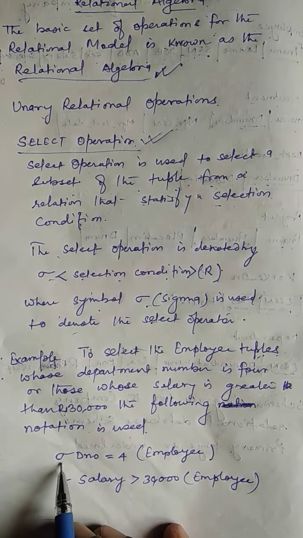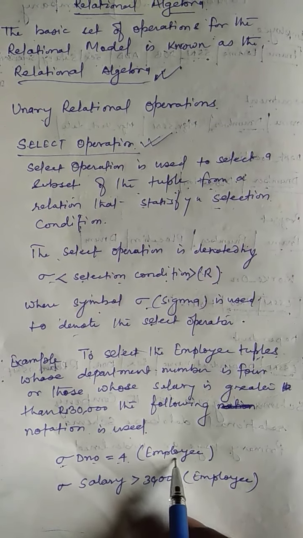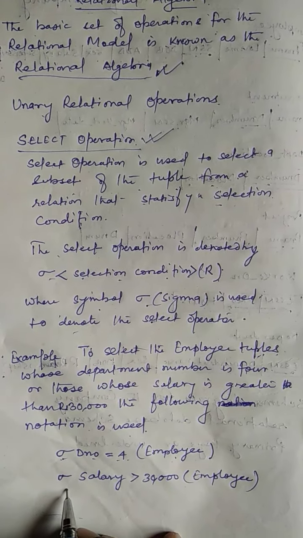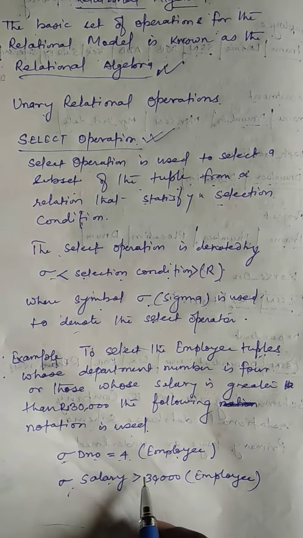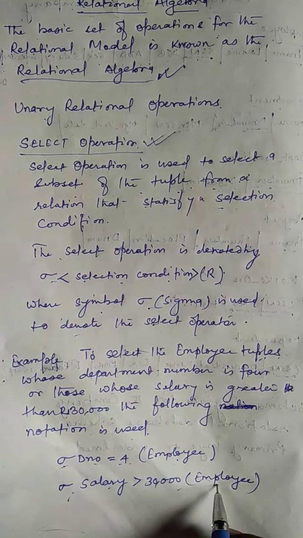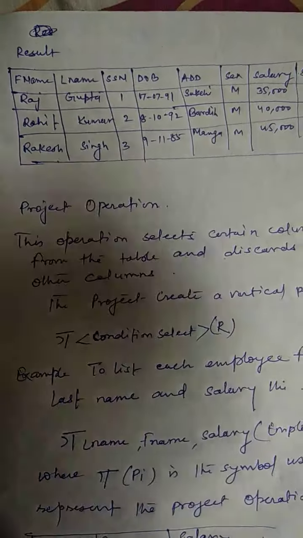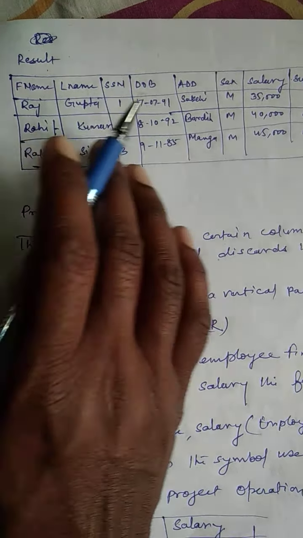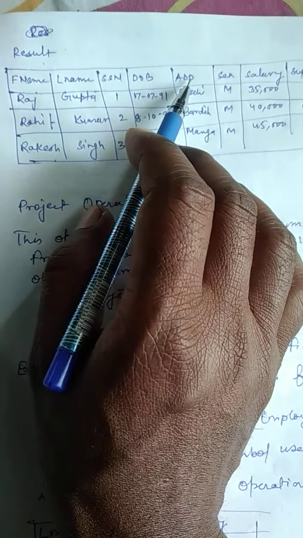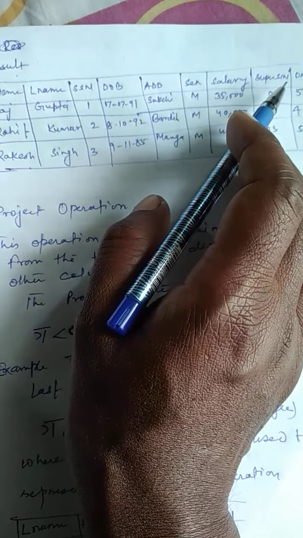Sigma department number equal to 4 on relation employee, and the other is sigma salary greater than 30,000, relation is employee. The result has first name, last name, social security number, date of birth, address, sex, salary, super social security number and department number.